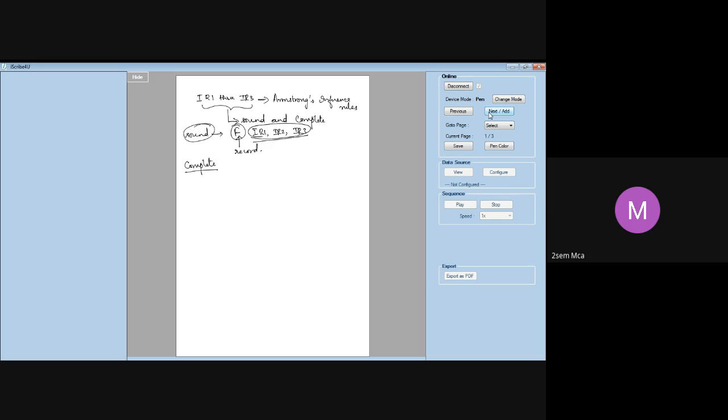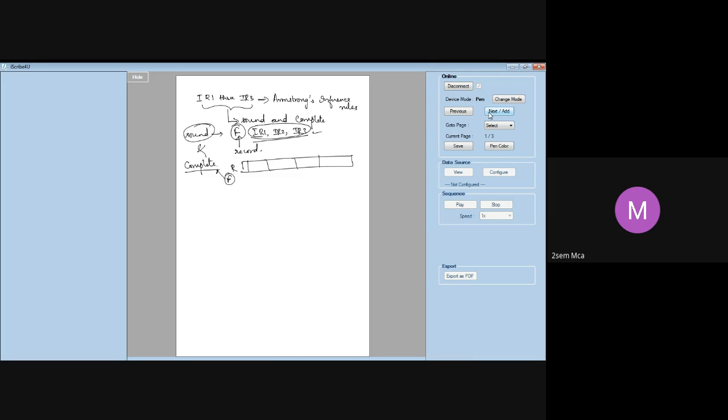The second one is called complete. Complete means you go on inferring, given a relation R. Given this, you are able to derive the complete set of all possible dependencies that can be inferred using IR1, IR2 and IR3. That is why you call it complete. So IR1, IR2 and IR3 are called Armstrong's inference rules.